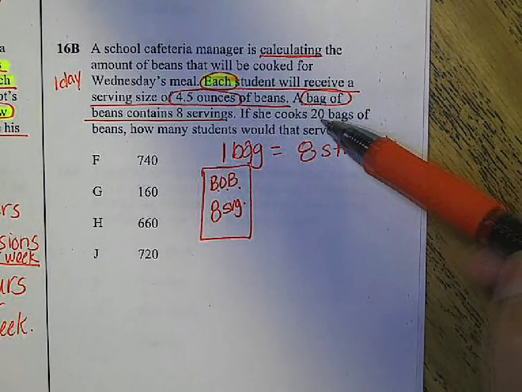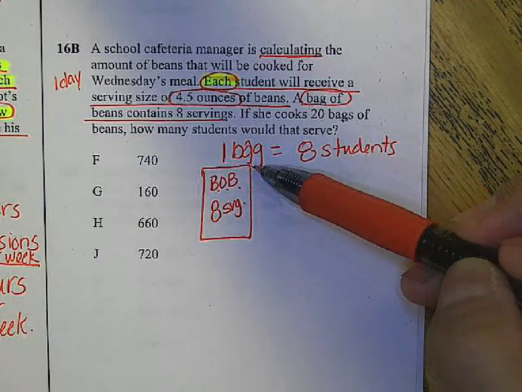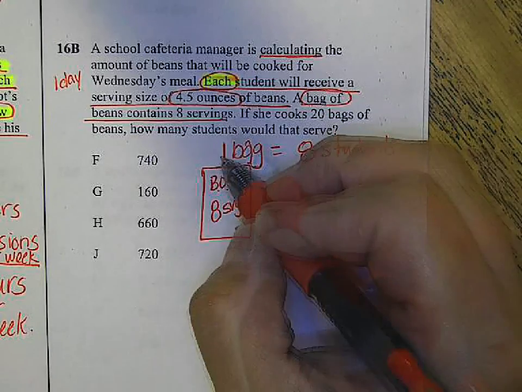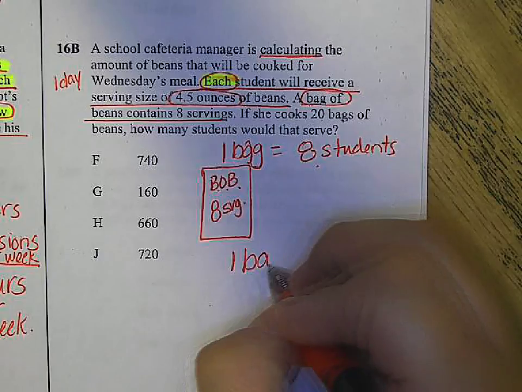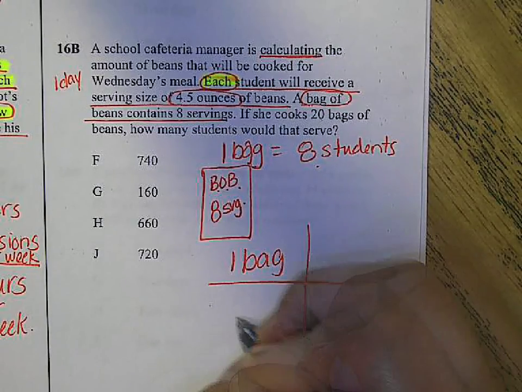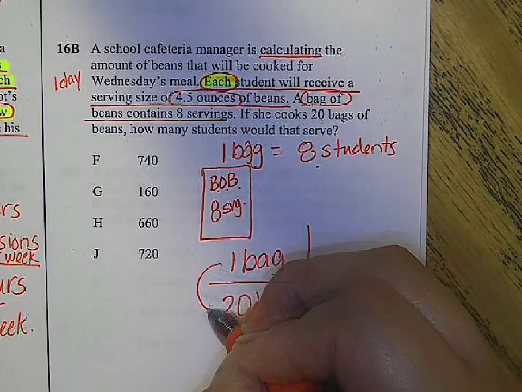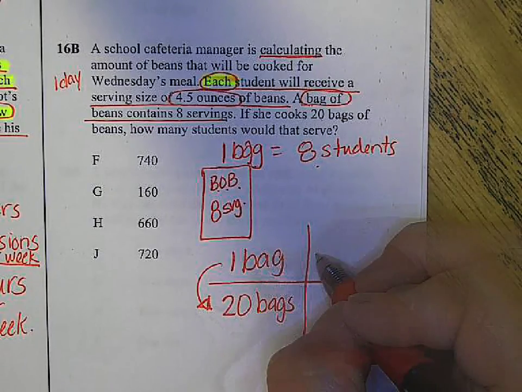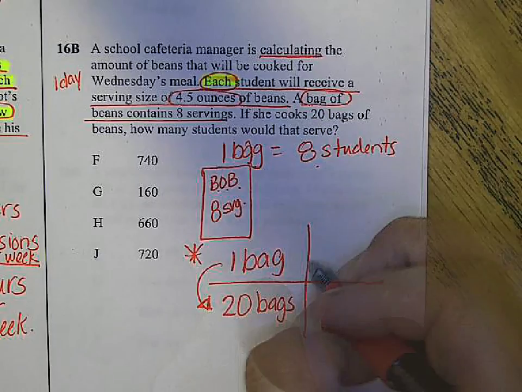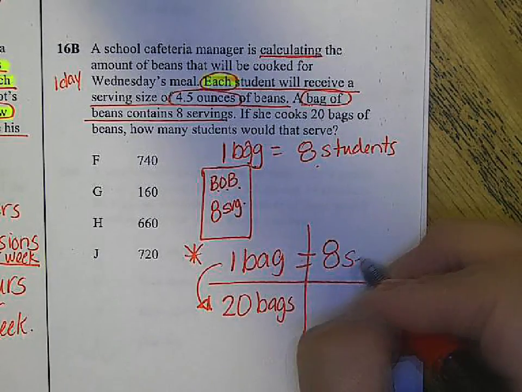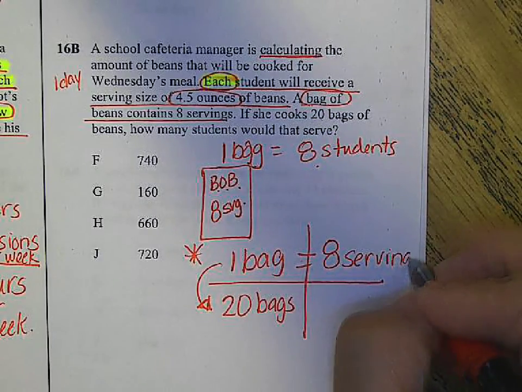Okay? If she cooks 20 bags, well in one bag it's 8. So I'm going to go from one bag to 20 bags. What is it that I know from my question? I know that one bag is equal to 8 servings.